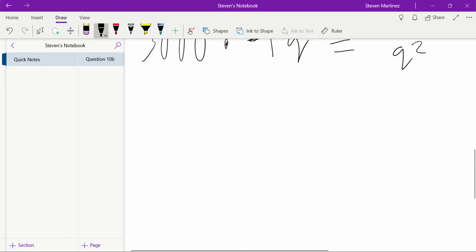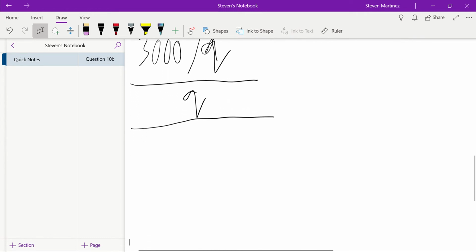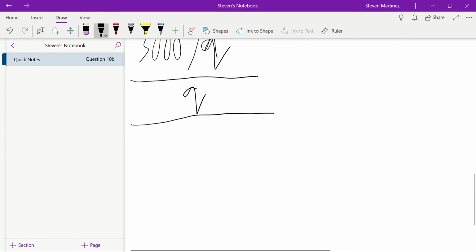eta equation. So here we have 3000 over Q divided by Q divided by the derivative of P, which is negative 3000 over Q squared.